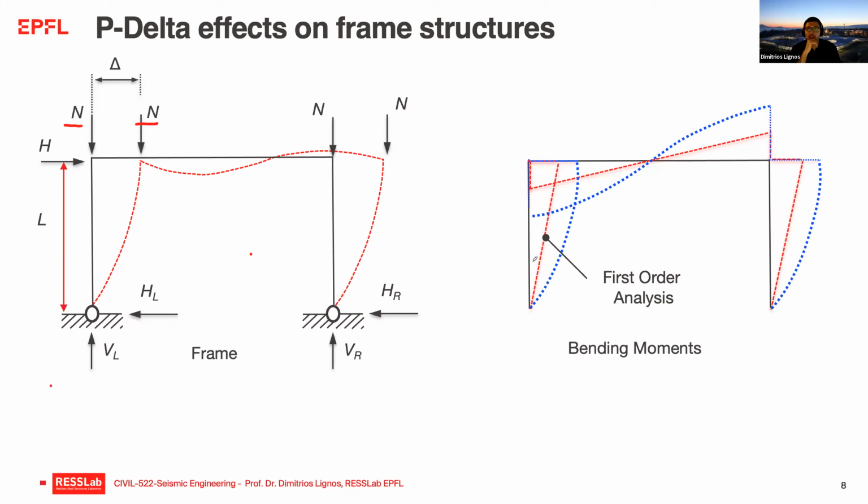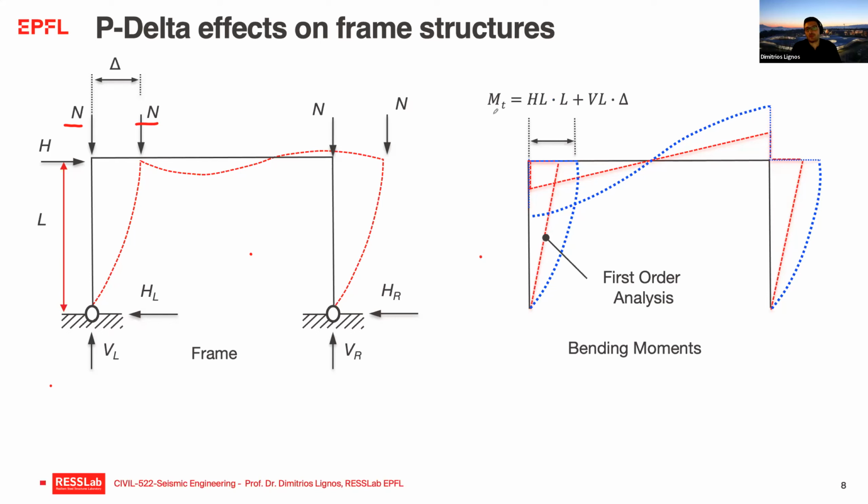because the displacement delta increases the moment diagram on the members, because of the second order moment or second order shear that is being induced to the members.